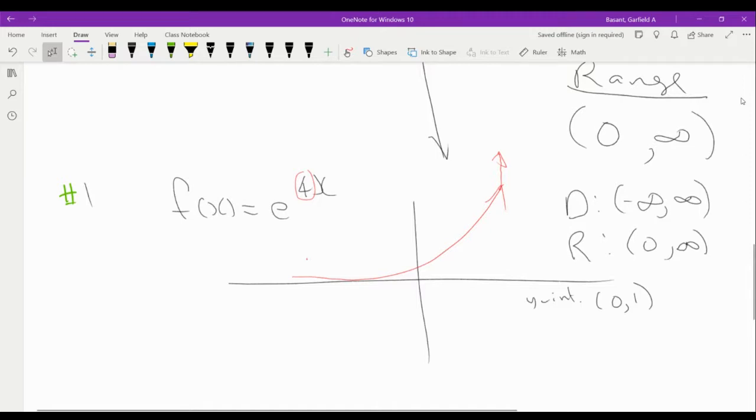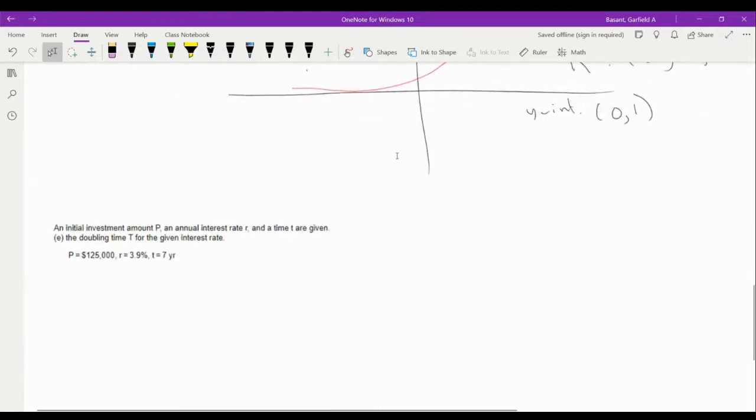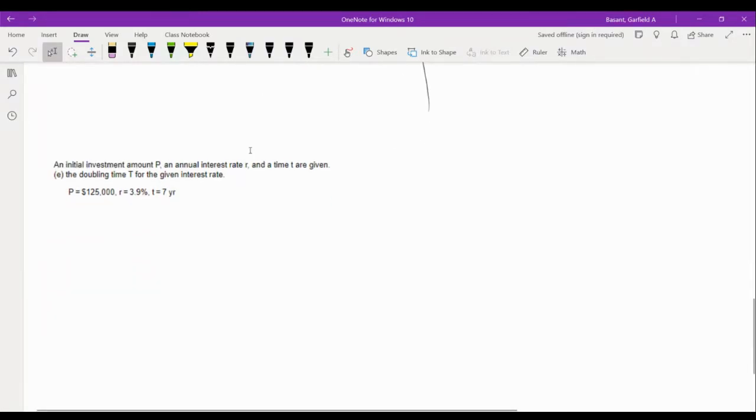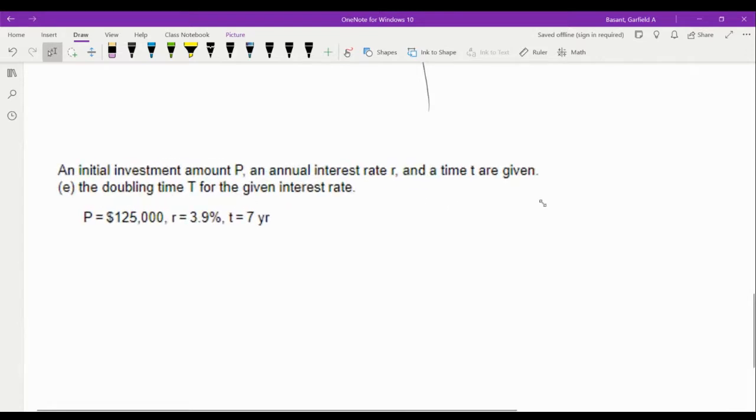So you have one more problem like that. Let's move on to a problem like this. If it's too small, let me know, okay? I'll just pull it a little bigger.